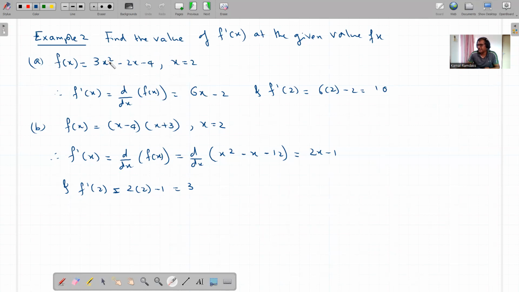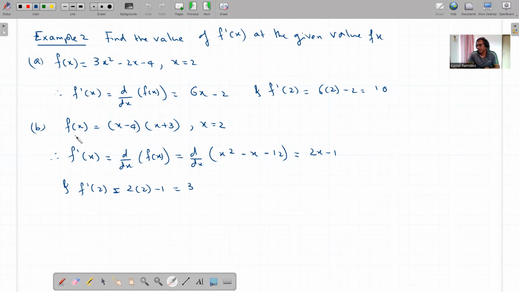C'est 6, 2 fois 3 fois x à la puissance de 2 moins 1, on a 6x. Et 2 fois 1 fois x à la puissance de 0, on a moins 2. Et differentiation of constant, c'est 0. Et là, at the derivative of fx, remplacer x is equal to 2: il y a 6 fois 2, retire 2, on gagne 10.